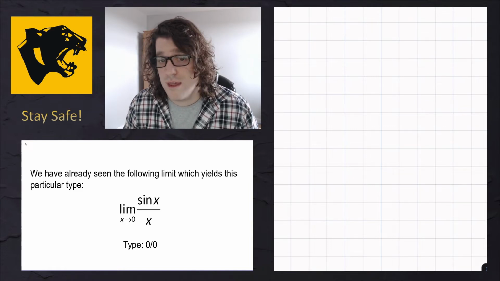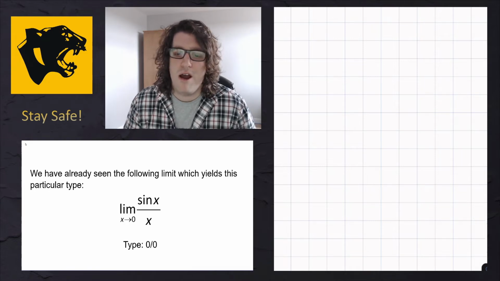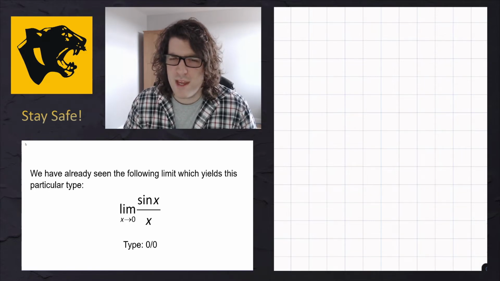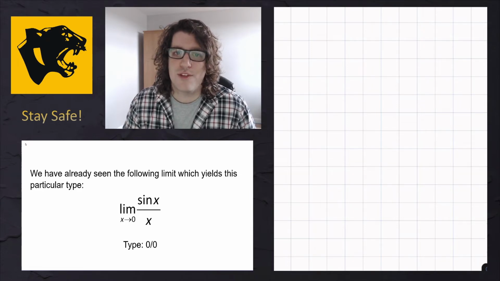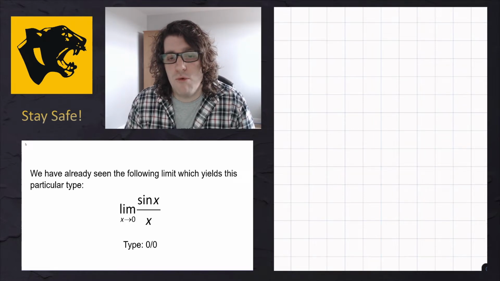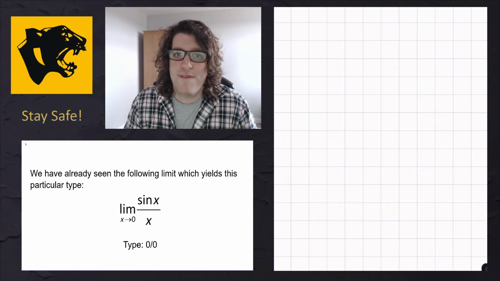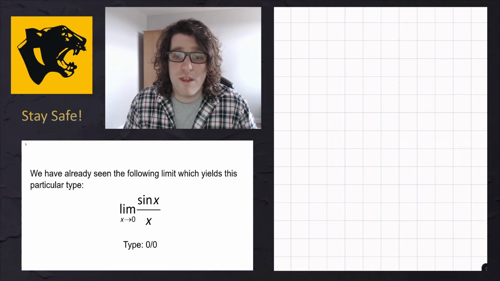Now, you might think that it is, since it gives you something over itself, which would equal 1. The thing is, it's not necessarily something over itself. The problem is that it's something that gets really small over something that gets really small. It would be entirely normal for one of those things to get small at double the rate of the other one, or at an exponential rate compared to the other one.